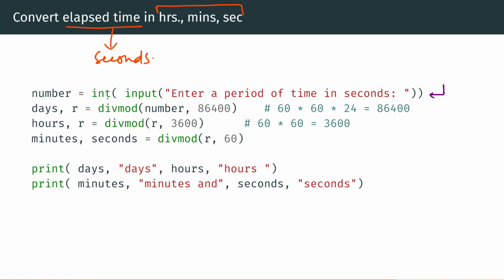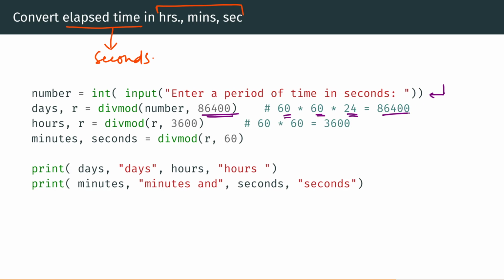So the number would be whatever number is entered by the user, and we first divide that number by 86400, which is the number of seconds in a day. A day contains 24 hours, each hour contains 60 minutes, each minute contains 60 seconds.